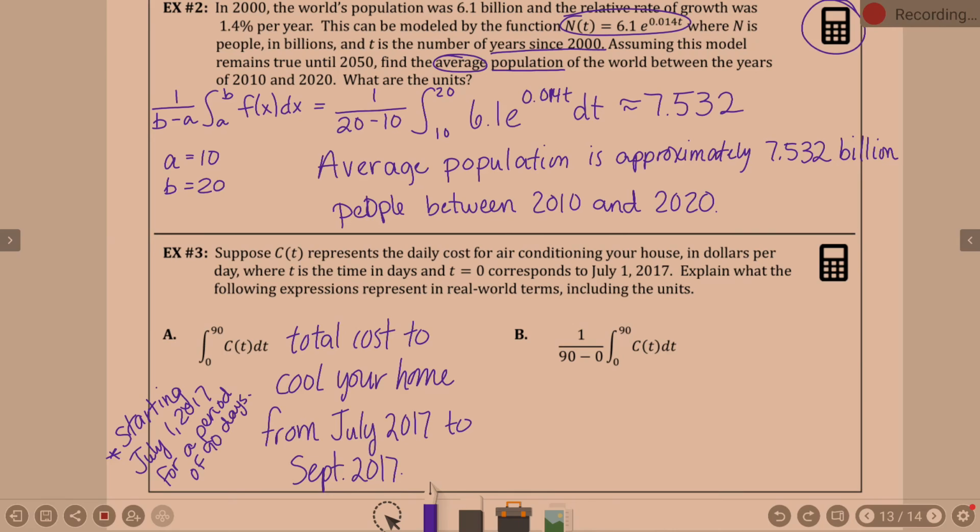We didn't talk about it last time, and we probably should have. What's the units going to be? How would you express average cost? Dollars per day, right? Because our time was specified in days. Actually it even mentions it right here: dollars per day.